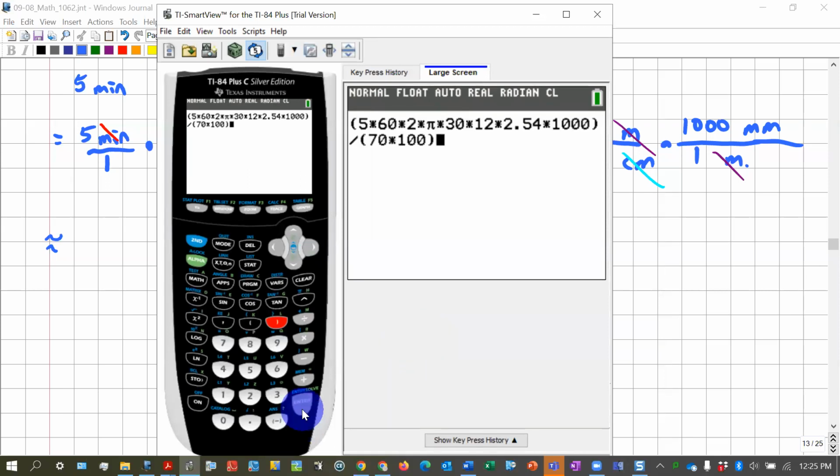This is the easiest way to type it in classic mode, as long as your numbers stay within the numbers your calculator knows.